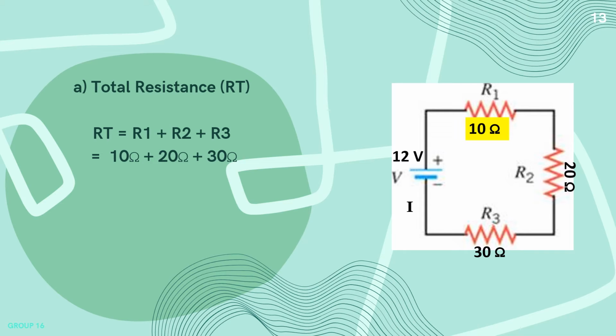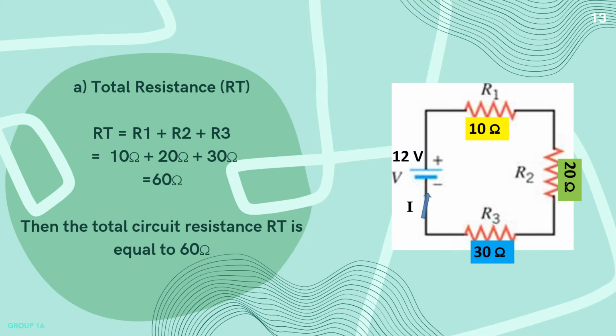Question A. Find the total resistance, which we can also write as RT. RT is equal to R1 plus R2 plus R3, because in series we know that the total resistance is the summation of all resistors. Therefore, we get the answer as 60 ohms.